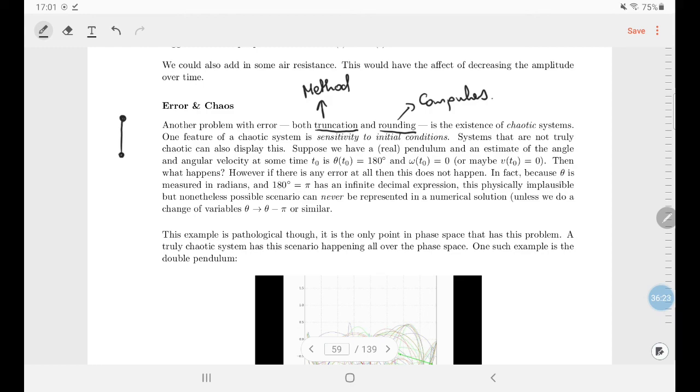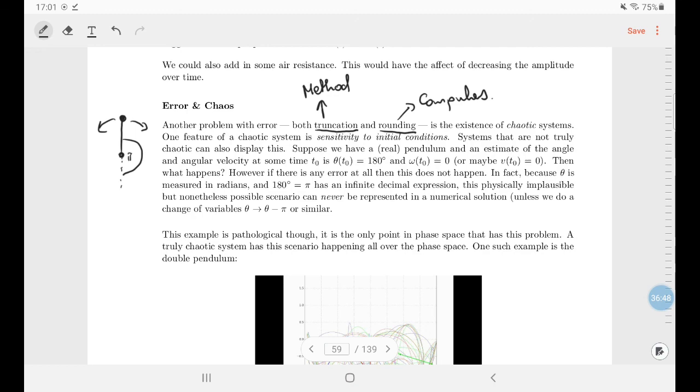If you start it up here, at 180 degrees, that's pi. If you go to pi plus 0.0001, it's going to go off in that direction. If you do pi minus, it's going to go off in that direction. And very, very small changes in the initial condition will give you very, very different answers. So it's not that bad.